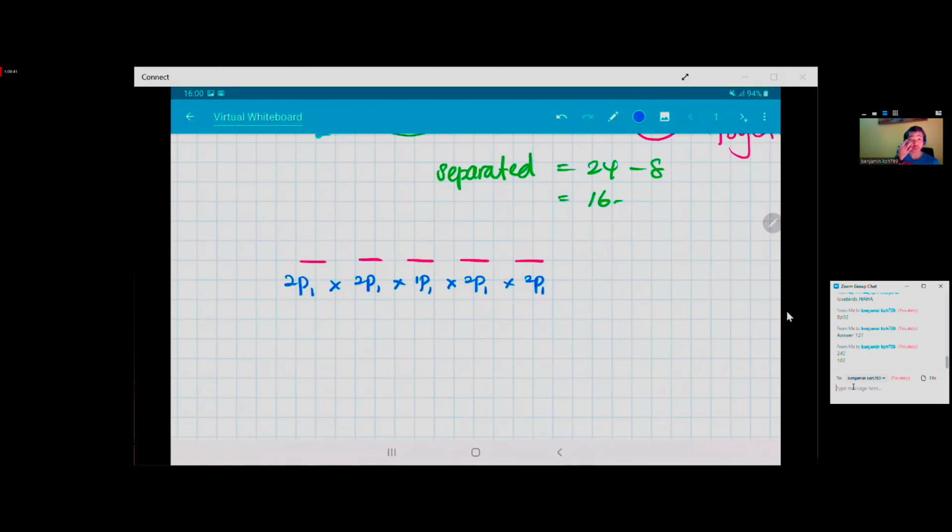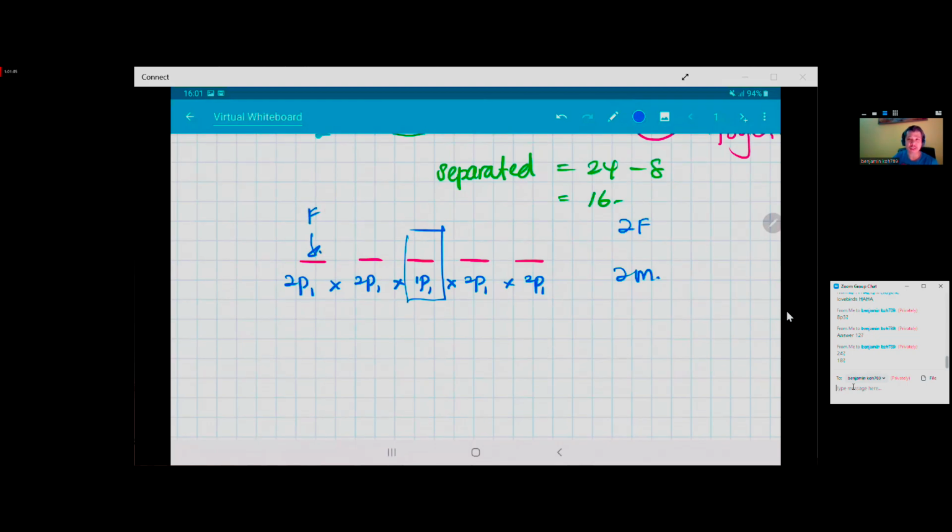So the 2p1, because remember, the 1p1 here is for the president. That's for the president. So 1p1, one president goes there. So 2p1 times 2p1, remember you've got 2 females and 2 males. So 2p1 meaning 2 females, take 1, put there. Let's say for example, you put female here.